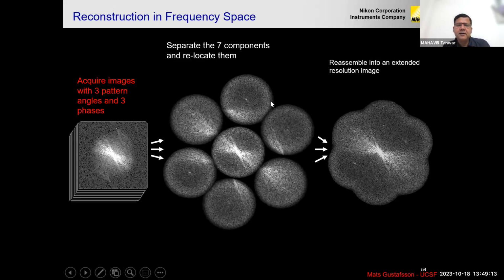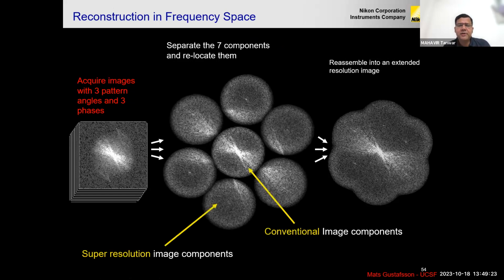When we merge using software, we can see this as a Fourier, and when we do the inverse Fourier transform, it can be changed to an image. So this is conventional, and this is the super resolution image component, the peripheral one. The middle one is the zero order, and the rest is plus and minus one. So when we see it, it looks like we have increased the NA of the objective virtually.